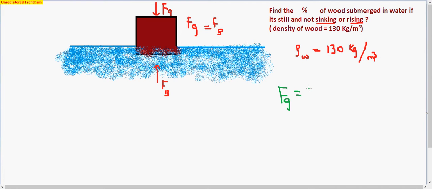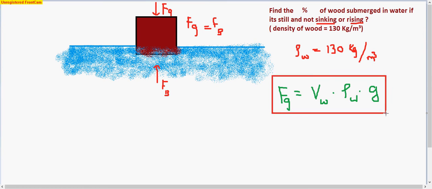So Fg is equal to the volume of wood into the density of wood into the gravitational constant, right? Now that is Fg. I'll put it in a box.